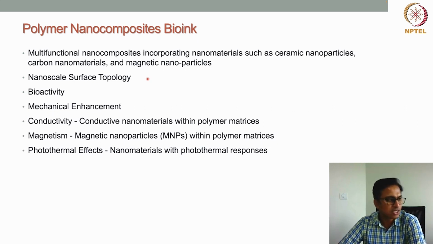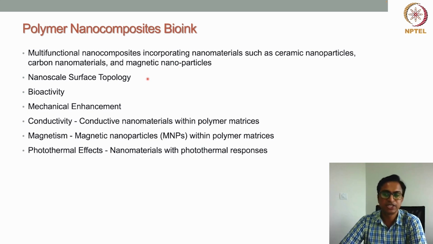The other thing is that the conductivity of the structure can be improved further for certain innervated tissue engineering, because innervated tissue engineering needs conductive materials so that tissue building can be improved. So conductive nanomaterials like carbon nanomaterials and graphene can be incorporated within a polymer or hydrogel matrix and then used to fabricate 3D structures.